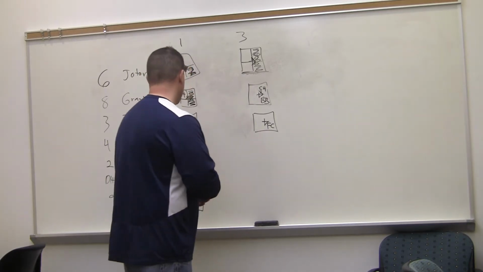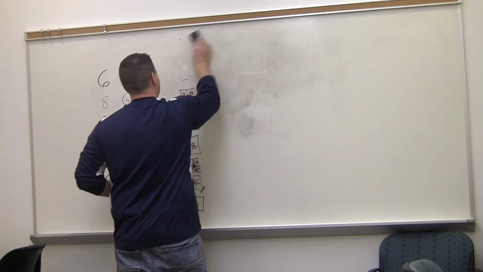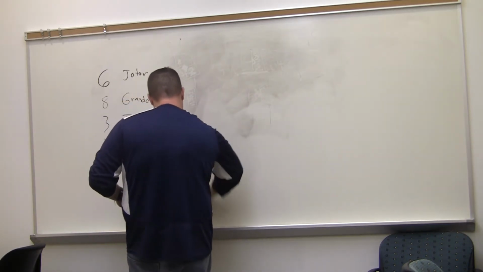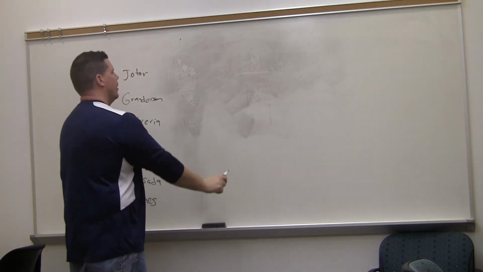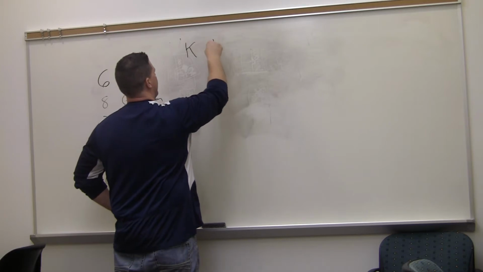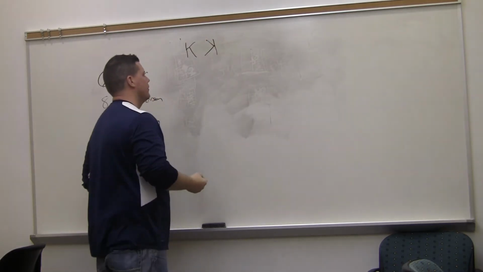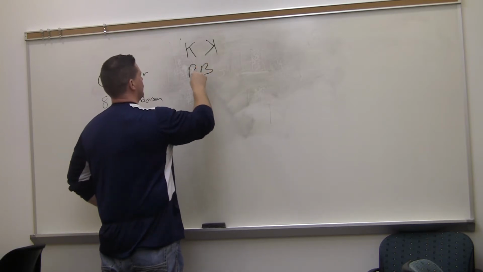Okay? All right. Let's go over some simple ones. I'll leave the names up in case I want to use them again. For strikeout, you have K for swinging, backwards K for looking. Walks, you have BB for base on balls.